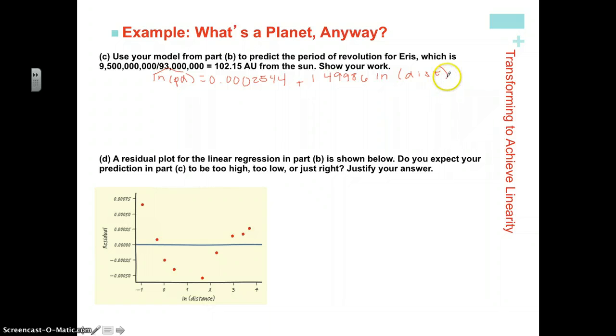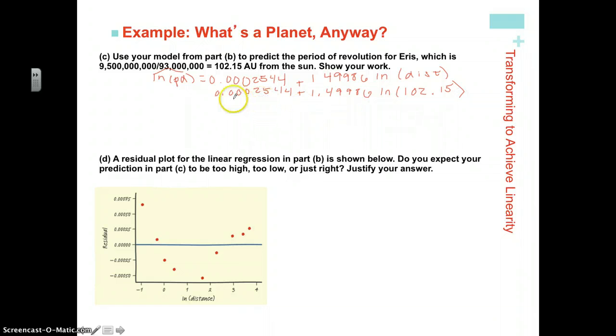So we have 0.000254 plus 1.49986 times the natural log of 102.15.